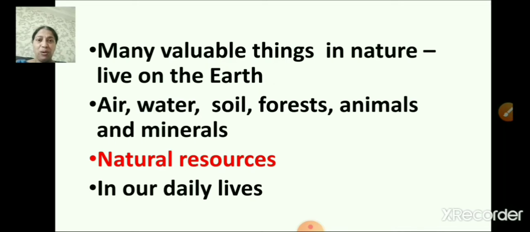They are called natural resources. Yes, children, natural resources are already available in nature. It is not created by humans. So they are known as natural resources. And we use these natural resources in our daily lives. Is that clear?